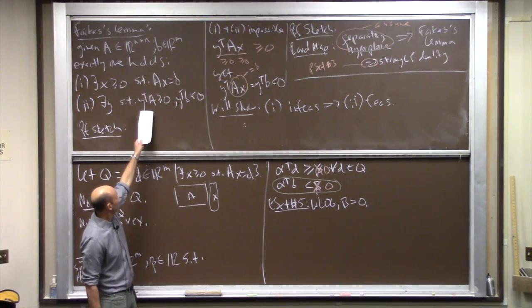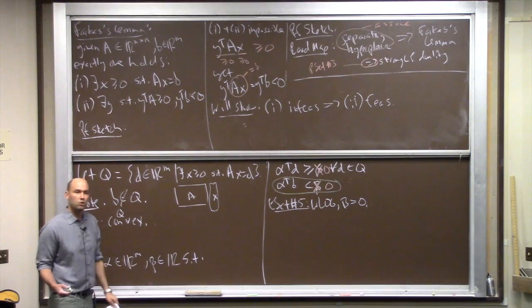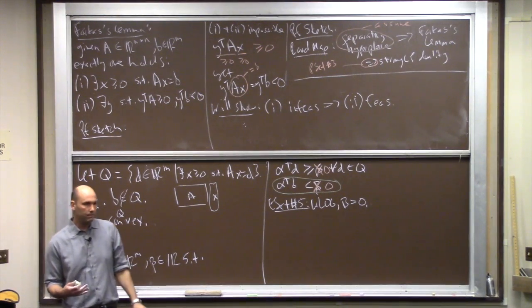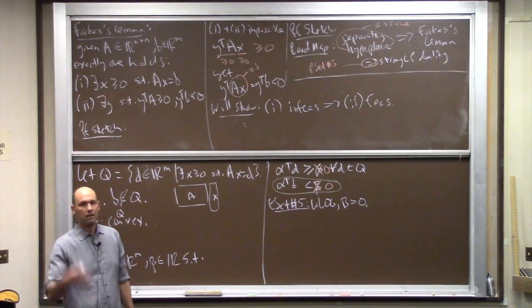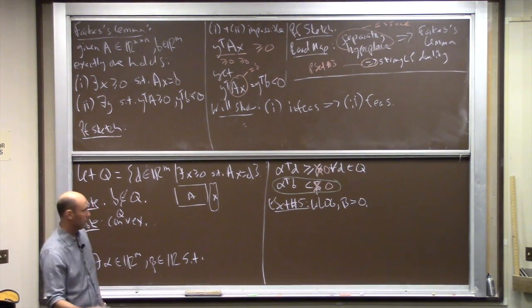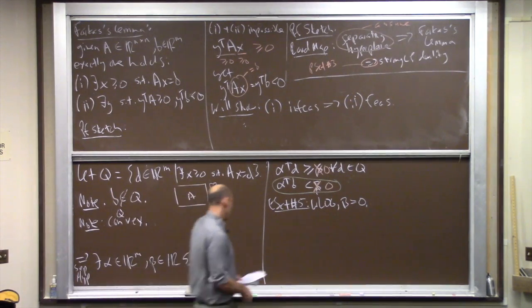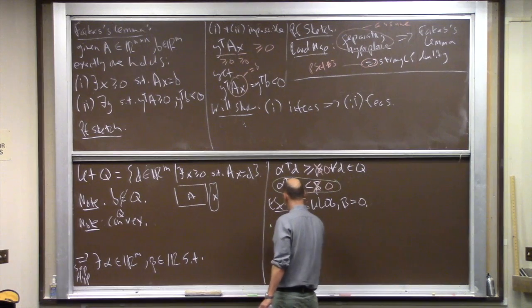So if we're so lucky that alpha also satisfies the other condition, then we're done. What is the feasible solution to the second system? It is the normal vector to the separating hyperplane between the infeasible right-hand side and all of the feasible right-hand sides. All right, so we need to check, and then we're done.